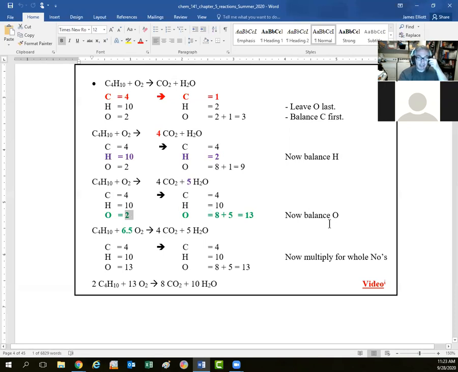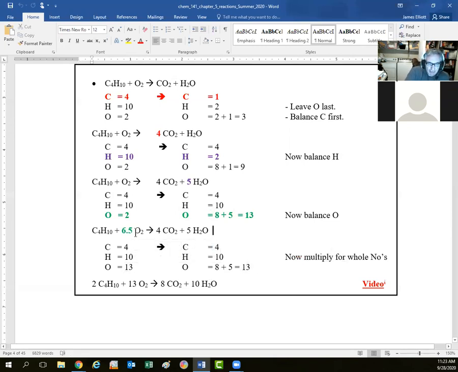So for the balancing of that oxygen gas, we need something times 2 to give us 13. That would be 6.5 units, or 6.5. So it does balance our oxygen. 2 times 6.5, that's the 13, just like the total of 13 atoms on the right.